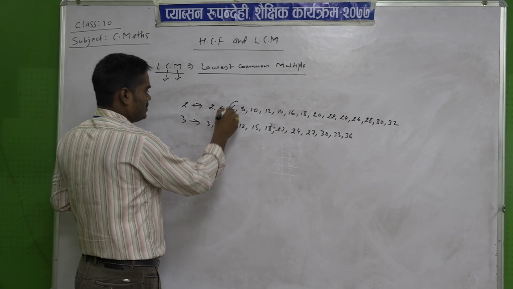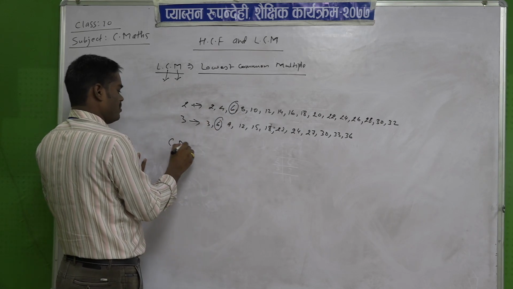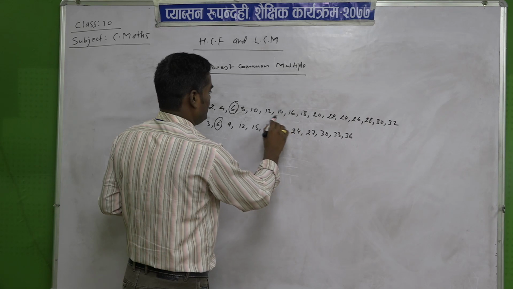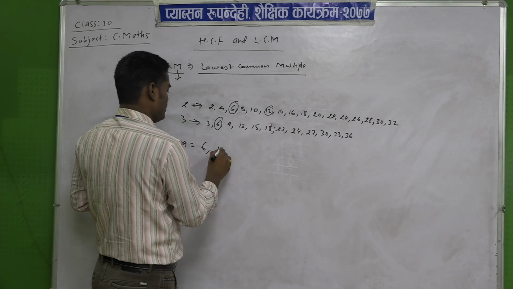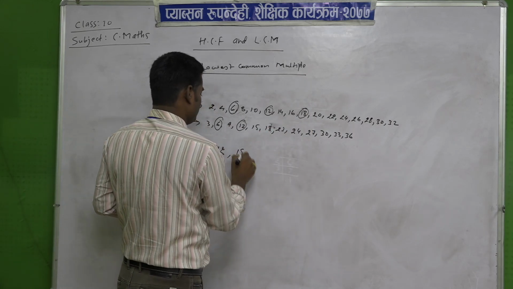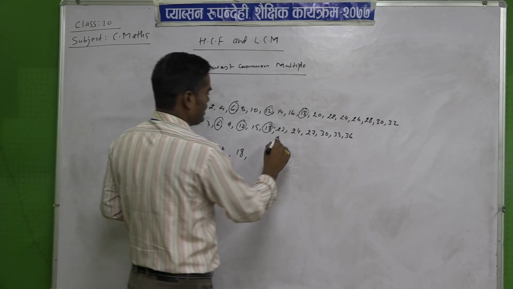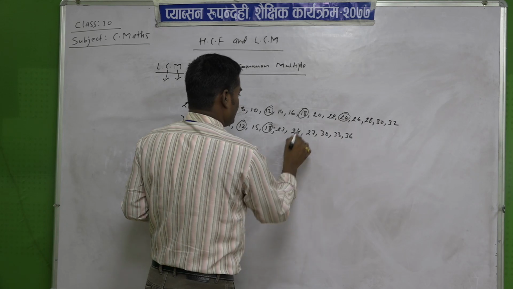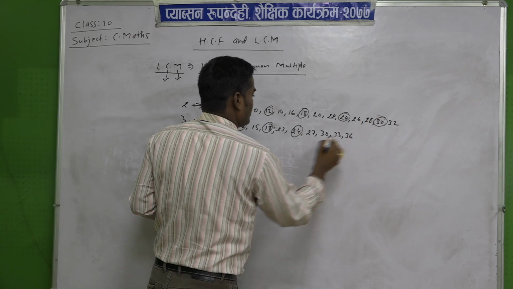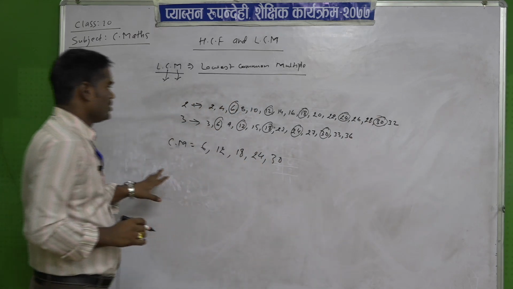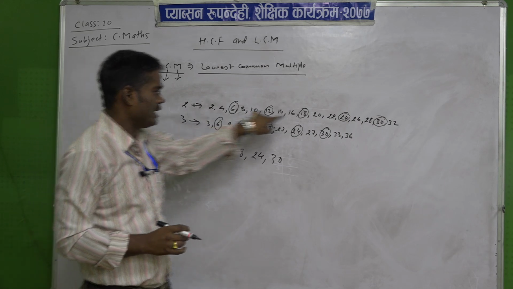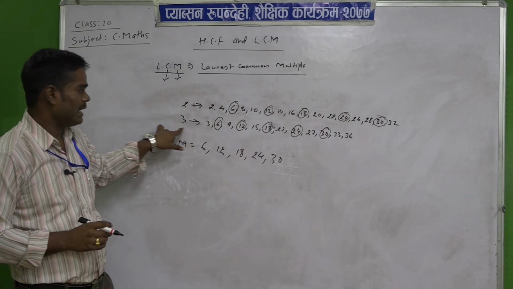What is here? 6, common multiple. 6 is here, and then after keep on searching there. 12 is here, then 18 is also here, then 24, then 30.